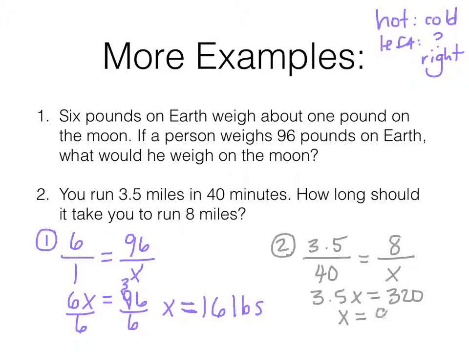It says 91.4, and I had to round it off, so I'm going to make it a squiggly equals. 91.4285714, and so on and so on. So it should take about 91 minutes. 91.4 minutes to be exact. So a little bit more than 91, or a little bit less than 91.5 minutes-ish right there.